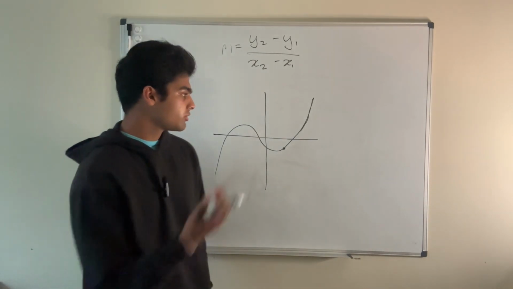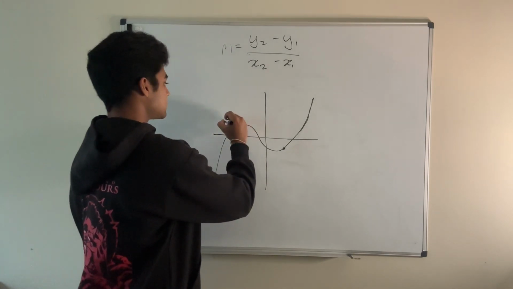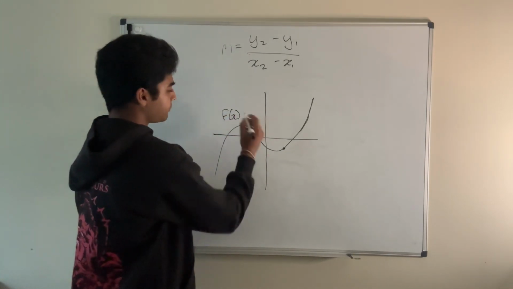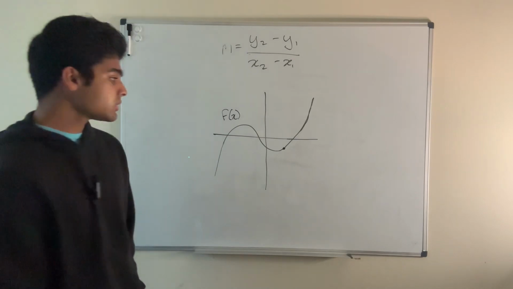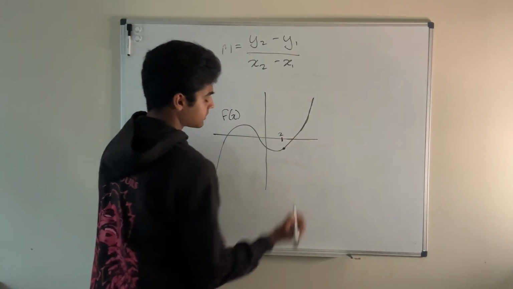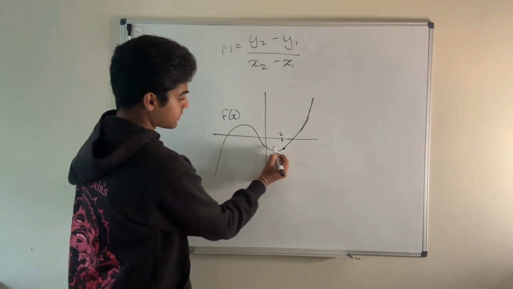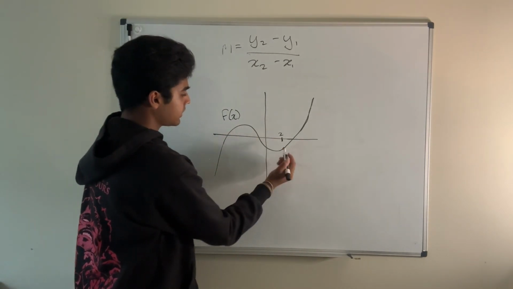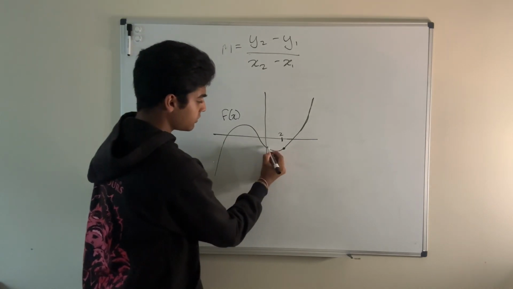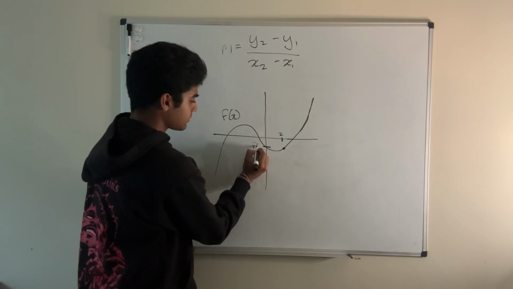So let's start off. First of all, let's say that this function is f of x, right? And this point right here is x. Good. So then this y value right here would be f of x.